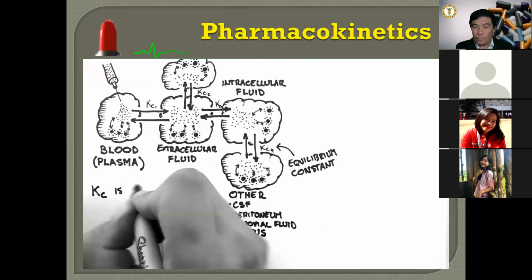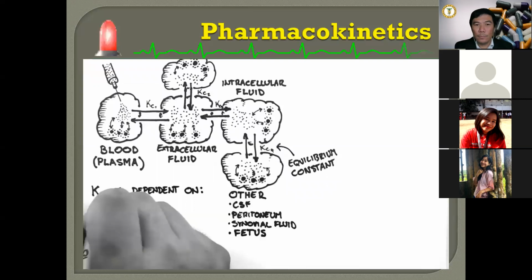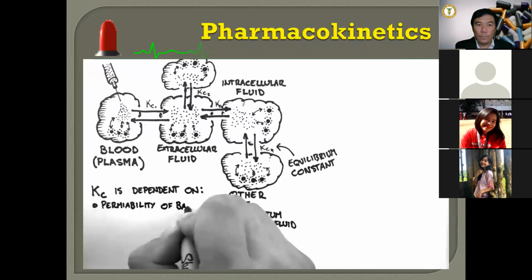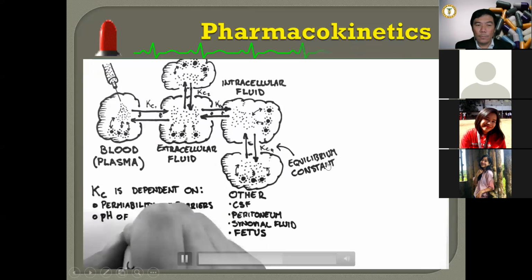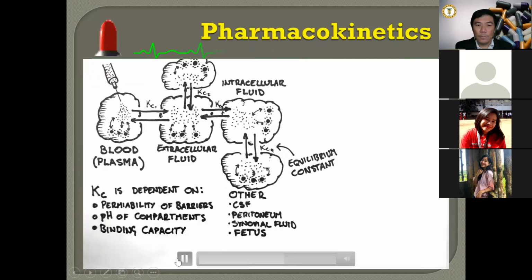Thus, I can say that the equilibrium constant is dependent on the permeability of barriers between compartments, the pH within the compartment, and the binding capacity within the compartment. Okay, I will simply explain this. You may not focus on the K1, K2, but these are equilibrium constants. The equilibrium constant is the one that basically balances the proper distribution of the drug in these compartments.